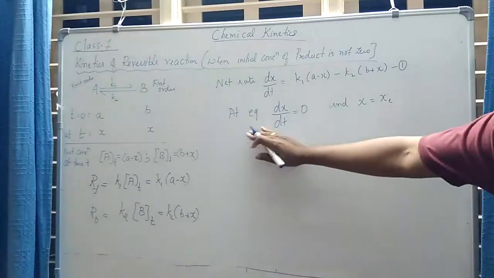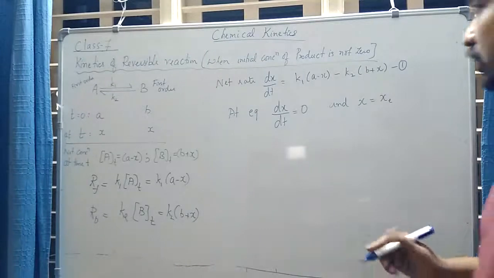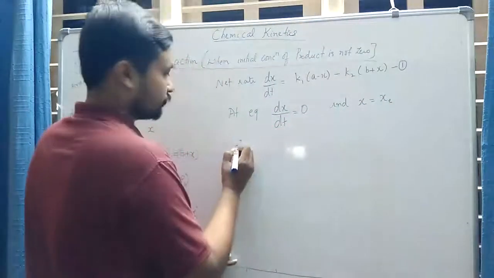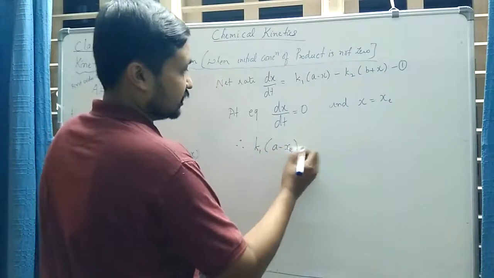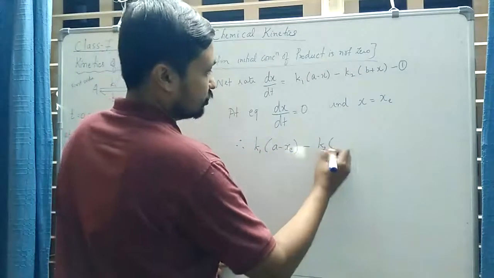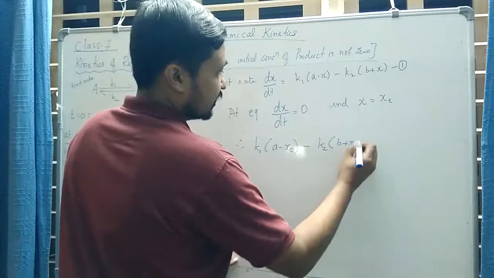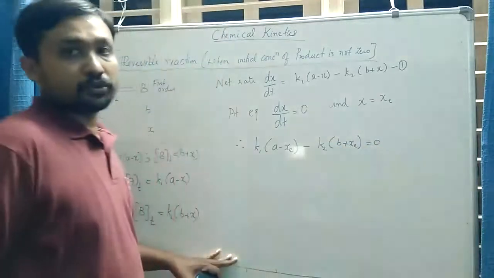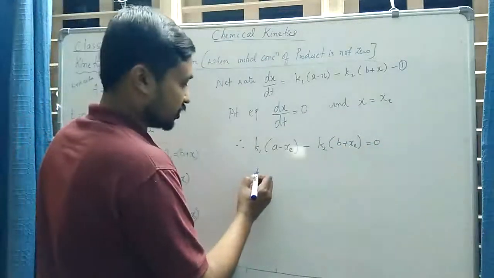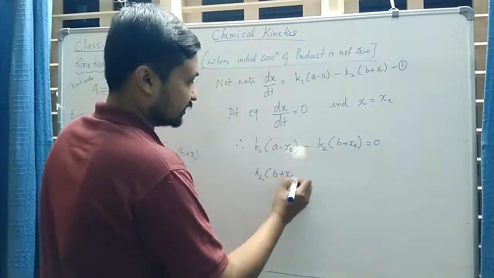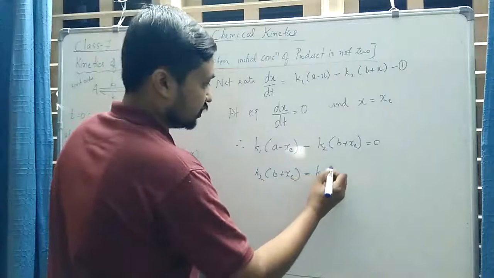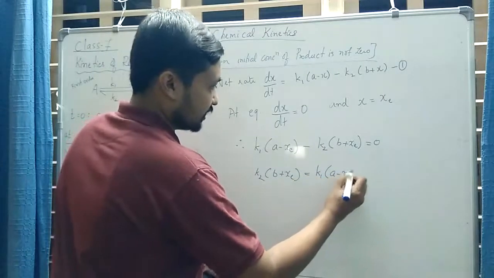So if I substitute this condition in equation 1, we get K1 into A minus Xe minus K2 into B plus Xe is equal to 0. If we rearrange this expression, we get K2 into B plus Xe is equal to K1 into A minus Xe.